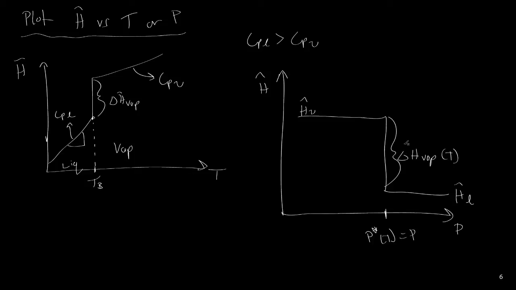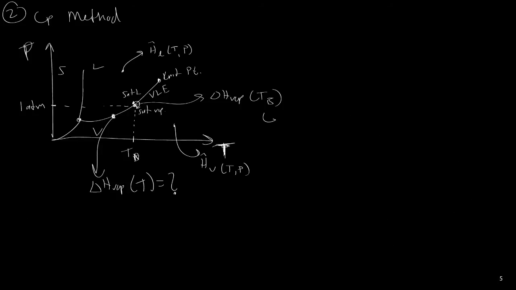So the height of this discontinuity between the enthalpy of the vapor and the enthalpy of the liquid is a function of temperature. So if we move to a different position along this vapor-liquid equilibrium curve here, the step change from transitioning from a liquid to a vapor is different in size, and that is the basis for why we need to calculate the heat of vaporization as a function of temperature.